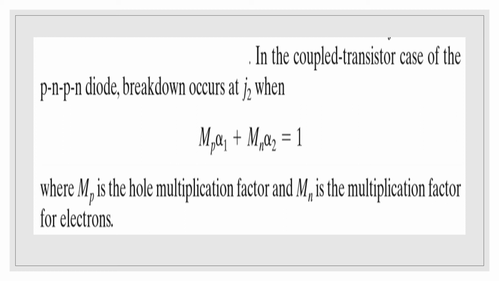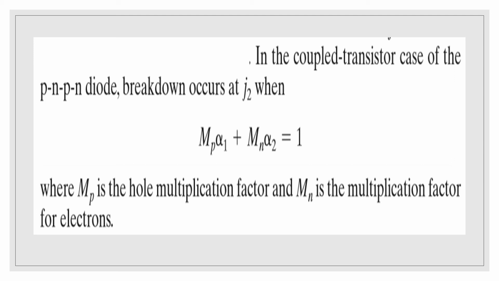Once breakdown begins, the increase of carriers in N1, that is electrons, and P2, that is holes, drives the device to the forward conducting state by the regenerative process of coupled transistors. As switching proceeds, the reverse bias is lost across J2 and the junction breakdown mechanisms are no longer active.